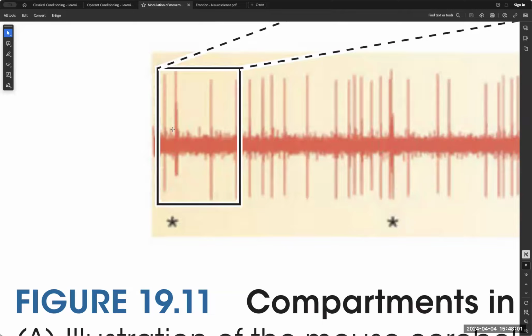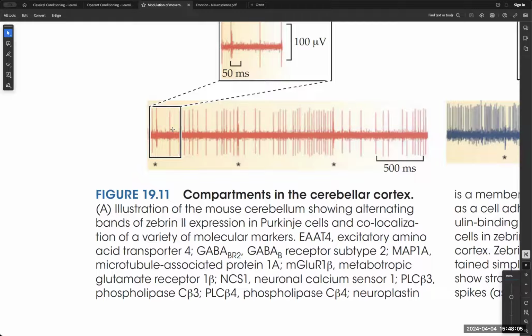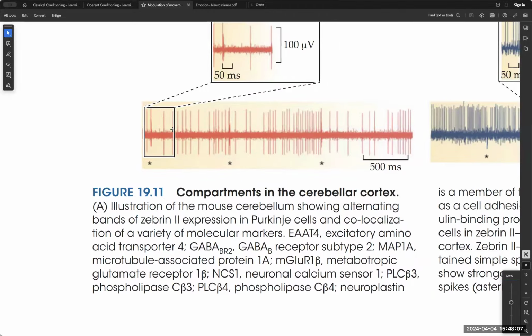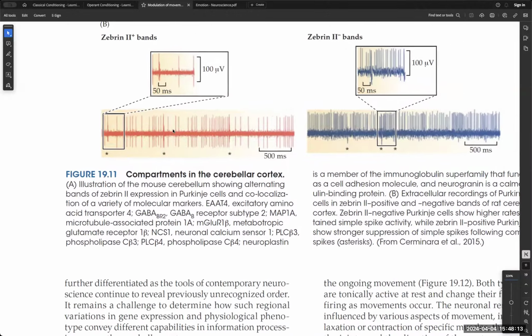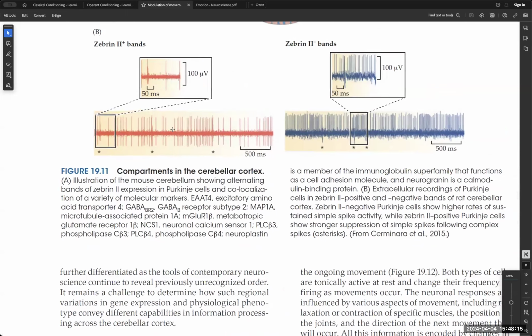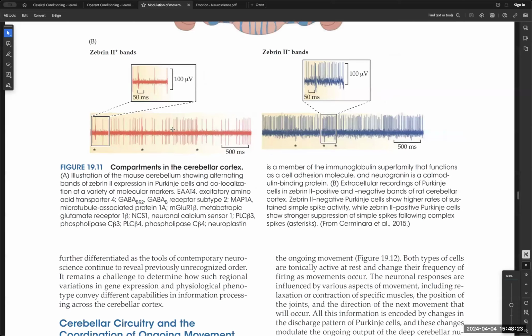Based on reception of this complex spike, you see that there is actually more suppression of the granule cell input, based on the climbing fiber input in the Zebrin 2 positive cells. You see a much more prominent rate of simple spike input in the Zebrin 2 negative bands of Purkinje cells.